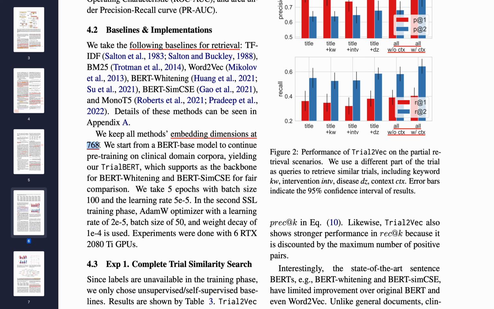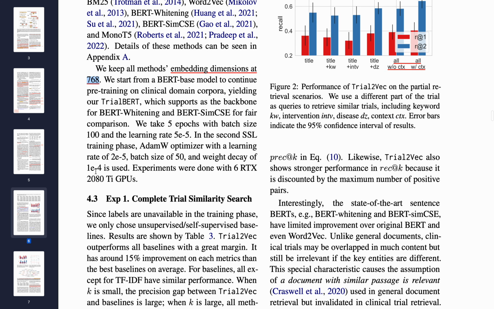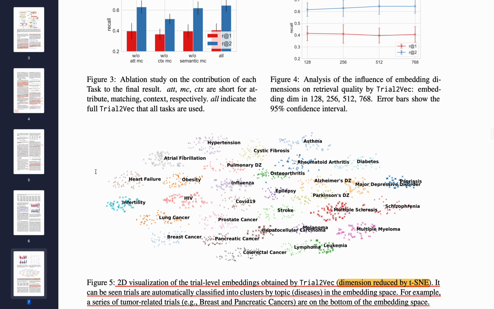That fixed length is the dimension of the embedding, and in this case the model was creating embeddings with dimension 768. An intuitive way to think about this is any data point is now being represented, be it a trial or a title of the trial, in a 768 dimensional space. So we can't really visualize that space.